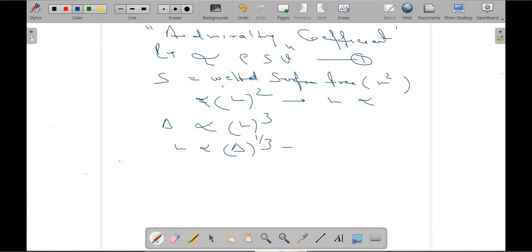And therefore, using this value, I can say S is proportional to L square. In place of L, I can write this, so I can write delta and square, so raised to power 2 by 3. Which means I can rewrite equation number 1 as RT proportional to rho into delta 2 by 3 into V raised to power n.